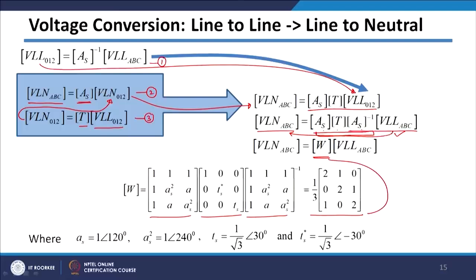So this W matrix will be given by this expression here, which converts your line to line voltages to the line to neutral voltages, where AS, AS square, TS and TS star are given by this expression.